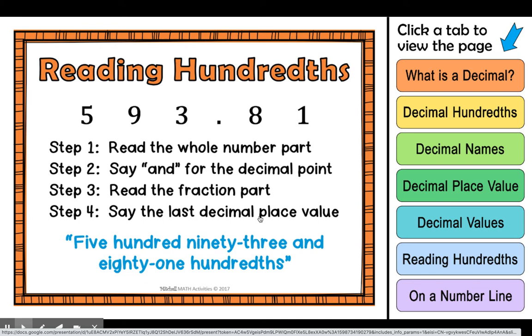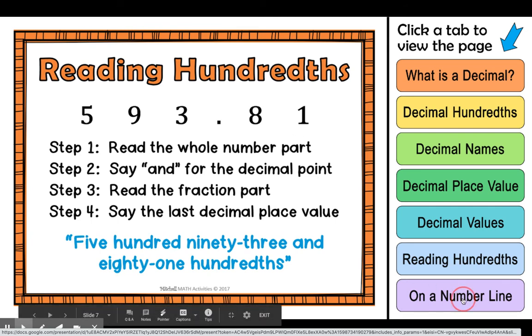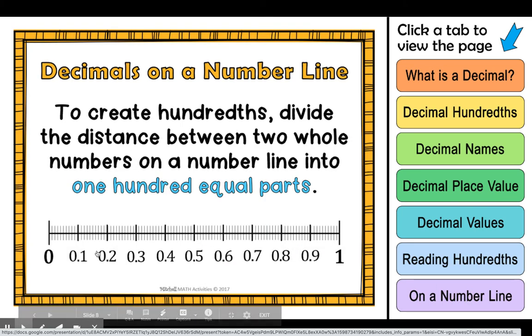And then say the last decimal place value position. So here our last digit is in the hundredths place. So that's why that's the place value word that I will read after I say 81. So it will be 81 hundredths, 593 and 81 hundredths.